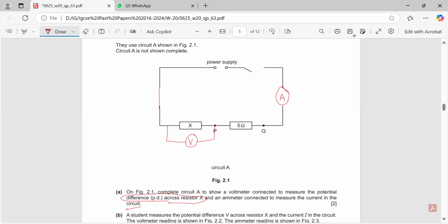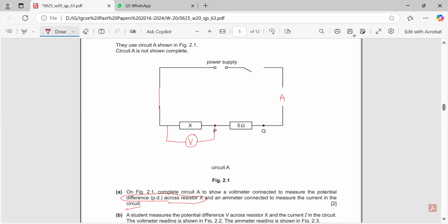And again I'm repeating, the voltmeter is connected in parallel, or across the component where we need the potential difference. Right now we need the potential difference measured across X. So that's why the voltmeter is connected across X. An ammeter is for the current in the circuit, so it should be connected in series in the circuit.